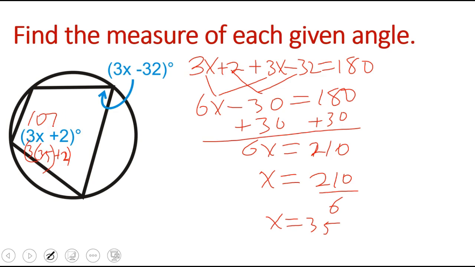And here we do the same thing: 3 times 35 minus 32. What did you get for my answer? 73 degrees. Okay, that's 73.